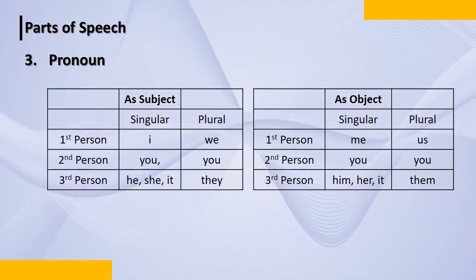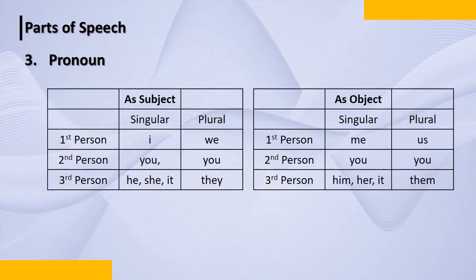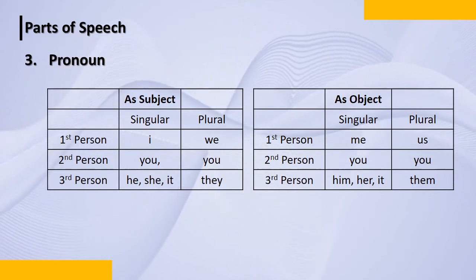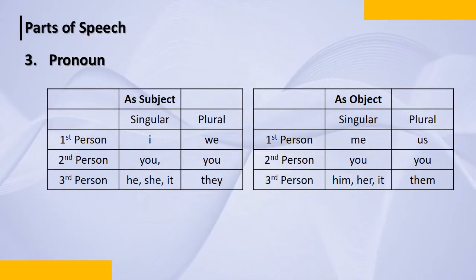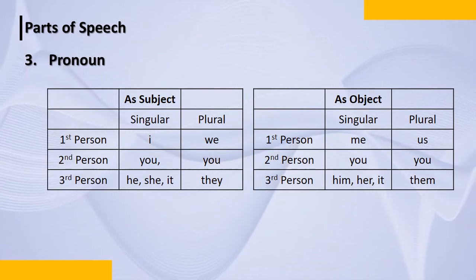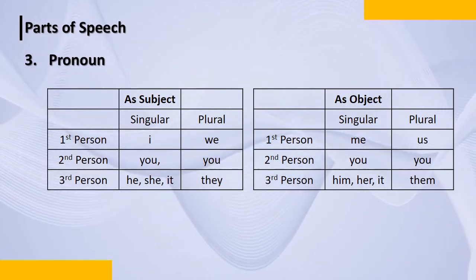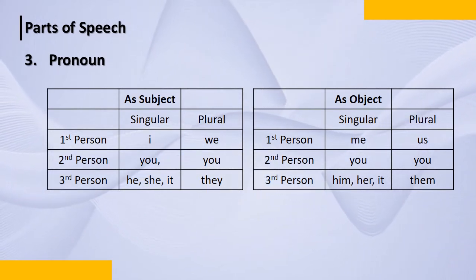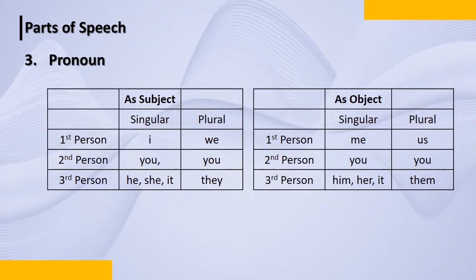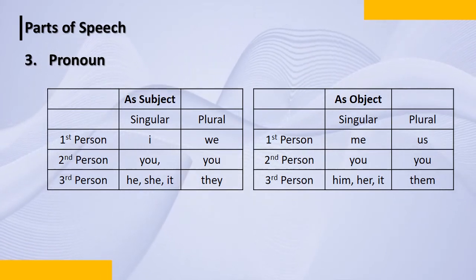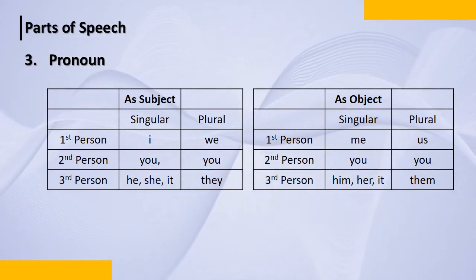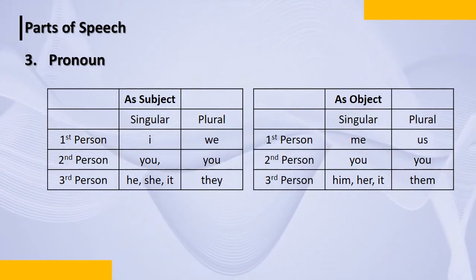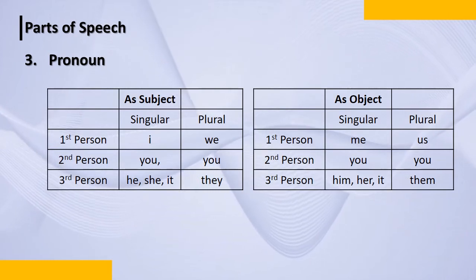You, he, she, it. Like you say, the cat has got a black mark on the skin. Raju has a cat. The cat has got a black mark on the skin. Raju has a cat. It has got a black mark on the skin. It. Raju has a sister.